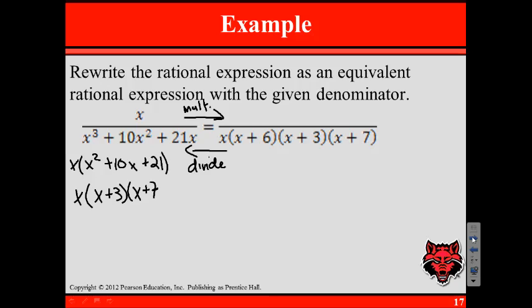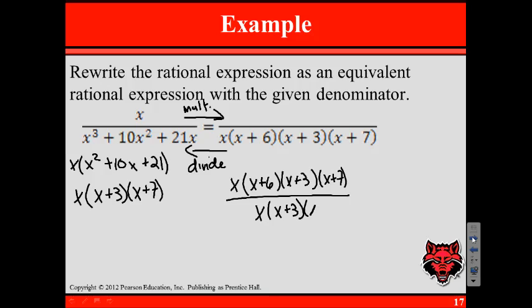So we have x times x plus 3 times x plus 7. Now let's set up our division and continue from there. We have the new denominator, x times x plus 6 times x plus 3 times x plus 7, all divided by x times x plus 3 times x plus 7.